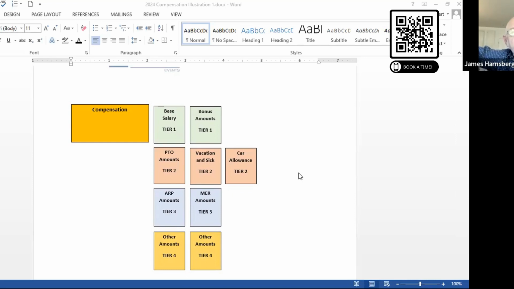You file your corporate tax return and you don't have very much, if any at all, in wages to officers of the corporation. It's pretty certain that the IRS is probably going to take a look at that at some point. The general structure of compensation begins with 4 tiers.